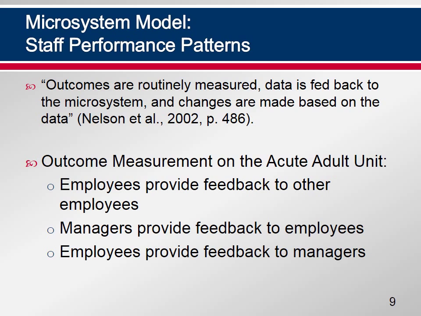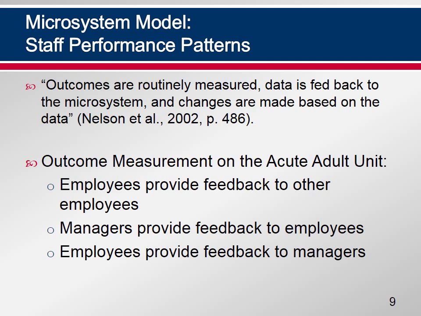Staff performance patterns. So outcomes are routinely measured, data is fed back to the microsystem, and changes are made based on the data. This is from Nelson. So the way that we measure outcomes is the employees can provide feedback to other employees. We actually do this formally once a year through an anonymous system where our teammates will select specific people that they would like to provide feedback for them.